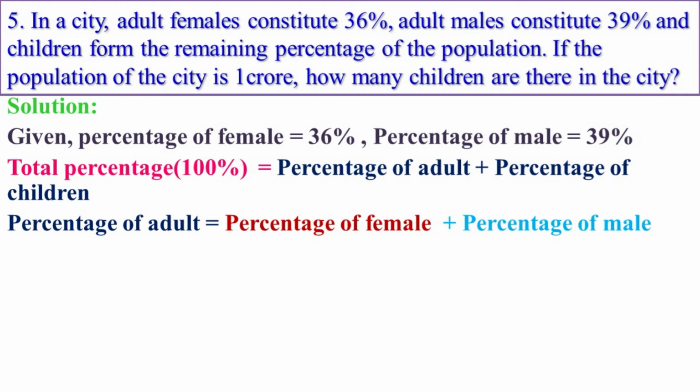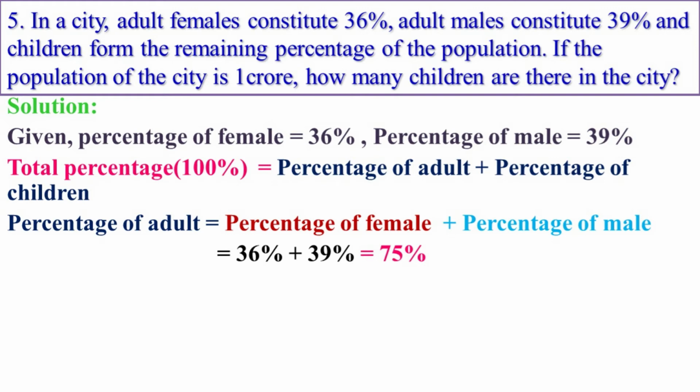In the question itself, they have given the percentage. So, the percentage of female in the question is 36% and the percentage of male is 39%. Adding these, we get 75%. So, percentage of adult is equal to 75% and we have to find the percentage of children.